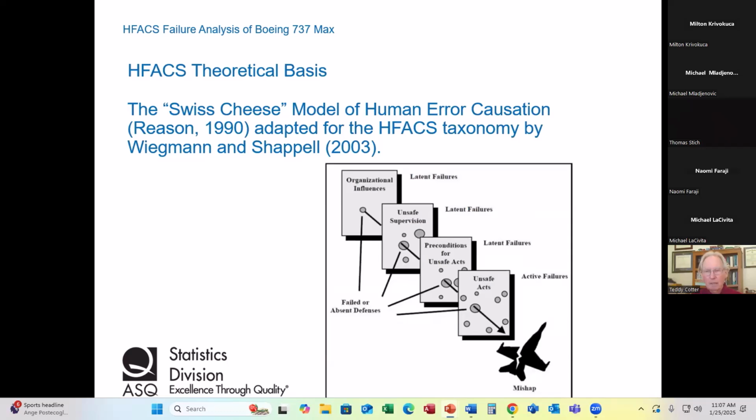The unsafe acts themselves are typically the manifest ones, those that we can go out and identify through our typical 5 Why analysis, FMECA, and Ishikawa diagrams. It's the latent failures that typically escape our current failure analysis methods.